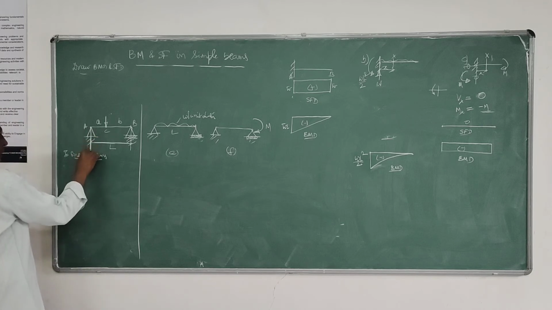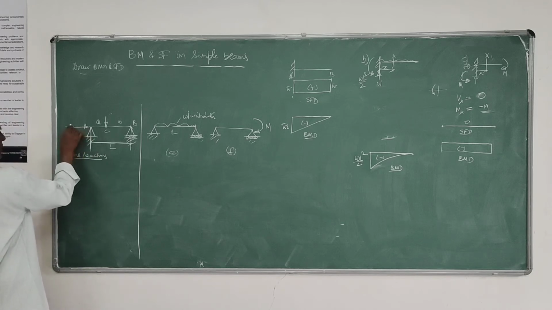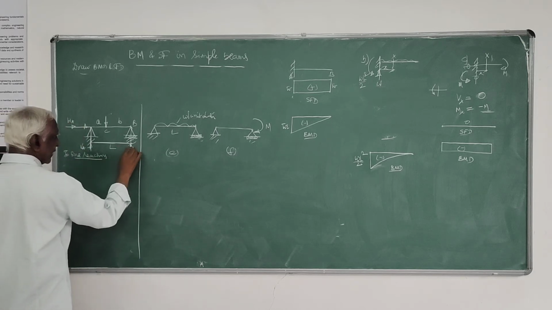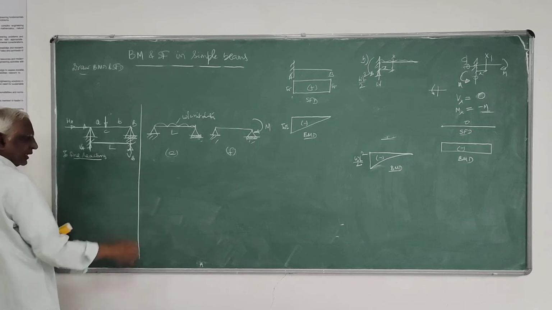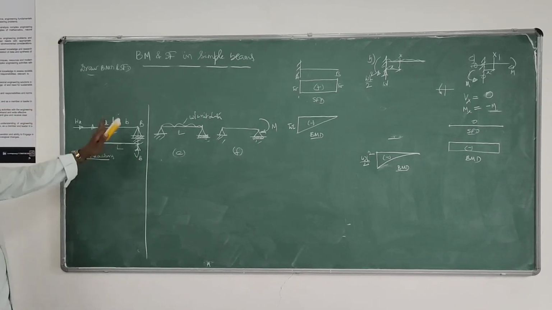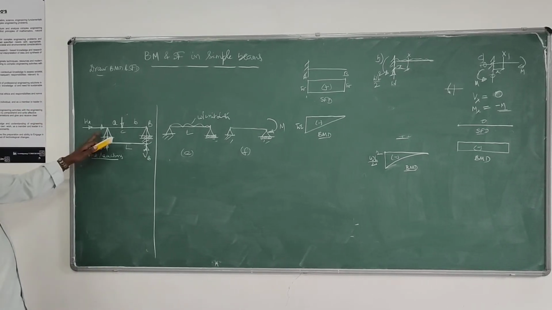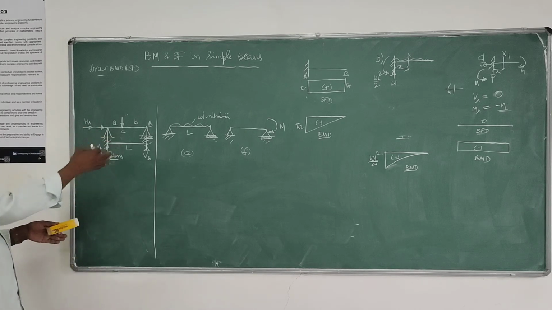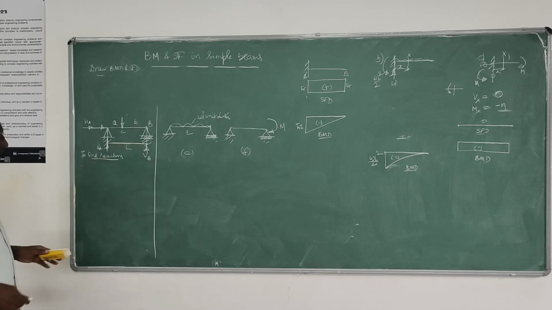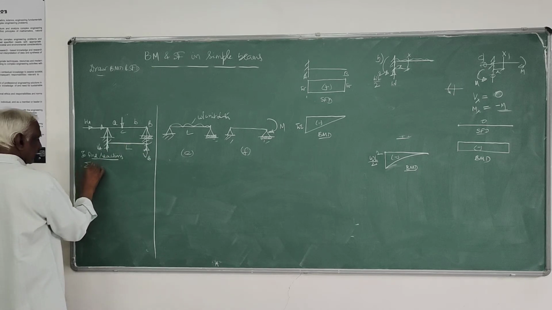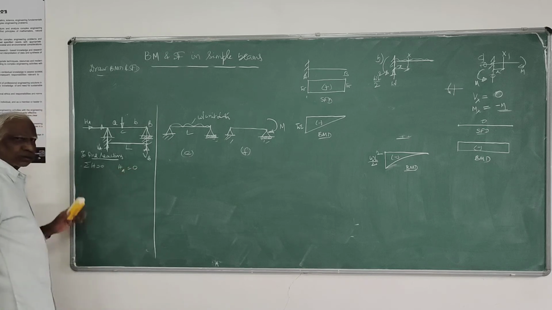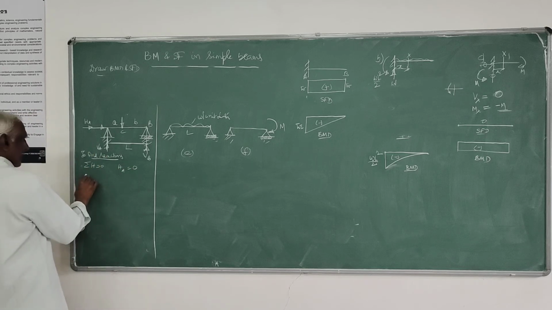Here you will get a vertical reaction VA and a horizontal reaction HA. Here, at the roller, you will get only a vertical reaction. I showed you already: in case of a roller, only one vertical reaction; a hinge has two reactions, horizontal and vertical; a fixed support has all three. So if you apply sigma H equals 0, you will get HA equal to 0. There is no horizontal force at all.